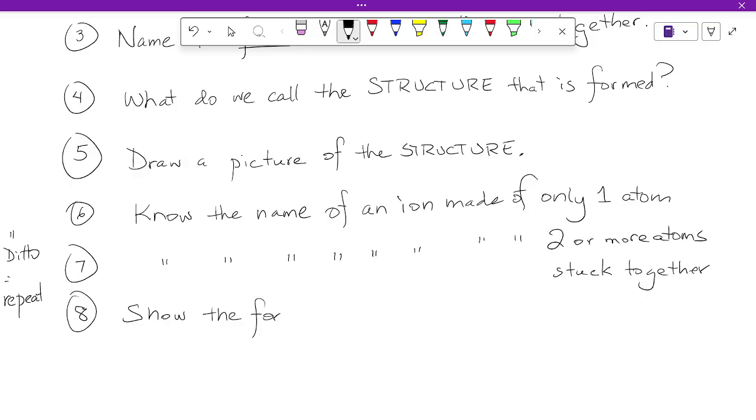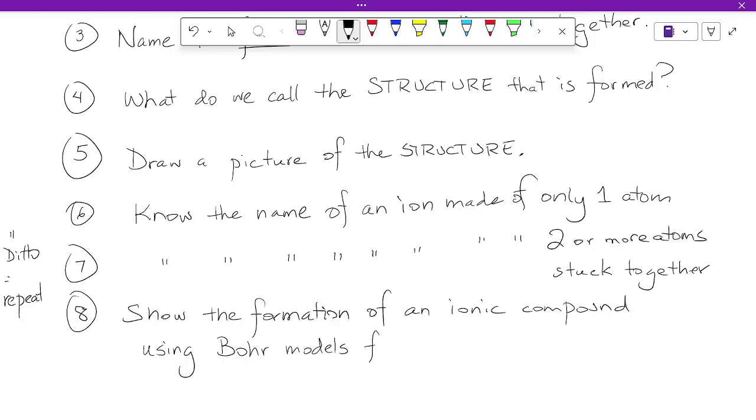You should be able to show the formation of an ionic compound using the Bohr models for an alkali metal and a halogen.